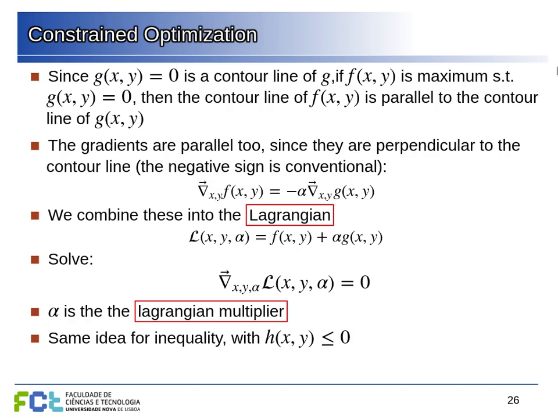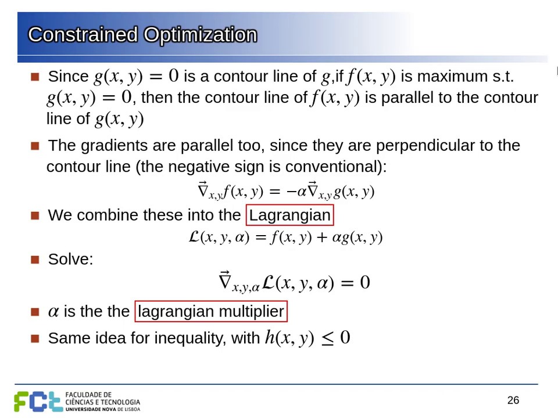But by convention, we use a minus sign here, so that when we write the Lagrangian, which is a new function, we get this sum over here. The Lagrangian is the sum of the original function that we're trying to maximize and the constraint function multiplied by the Lagrange multiplier. And now we solve the problem by finding a critical point of the Lagrangian, one in which all the derivatives of the Lagrangian are 0.